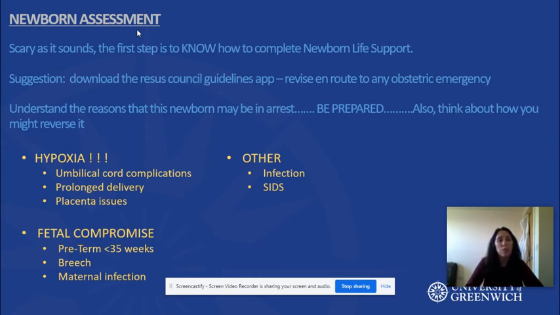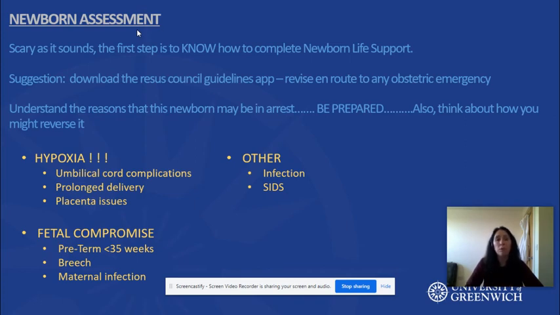You're going to have to loosen that and unloop it around the head because that will choke the baby. Just touching the surface on this, you're going to learn more about umbilical cord emergencies in Richard's course. But be aware that the newborn can die from strangulation via its own umbilical cord.